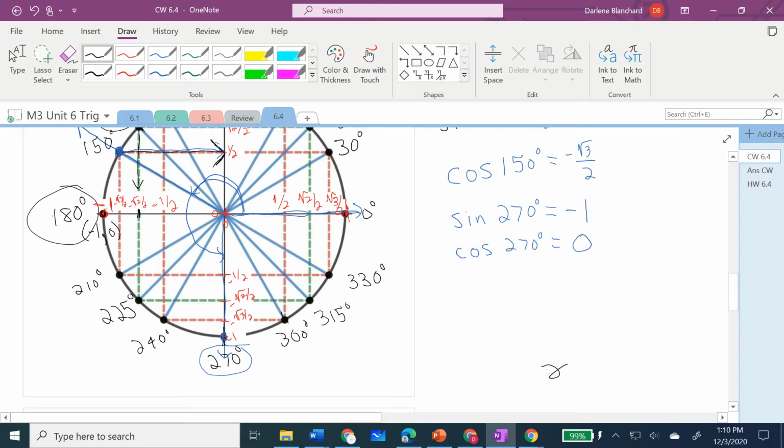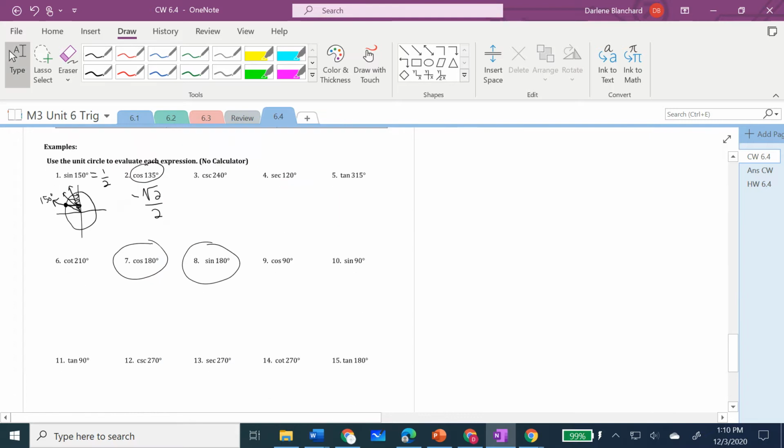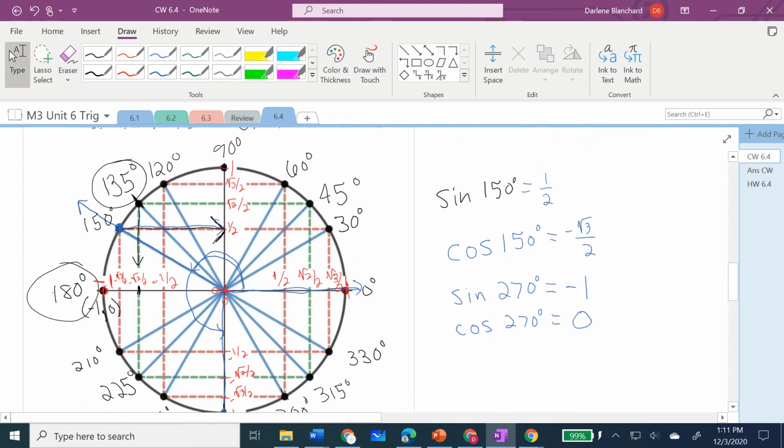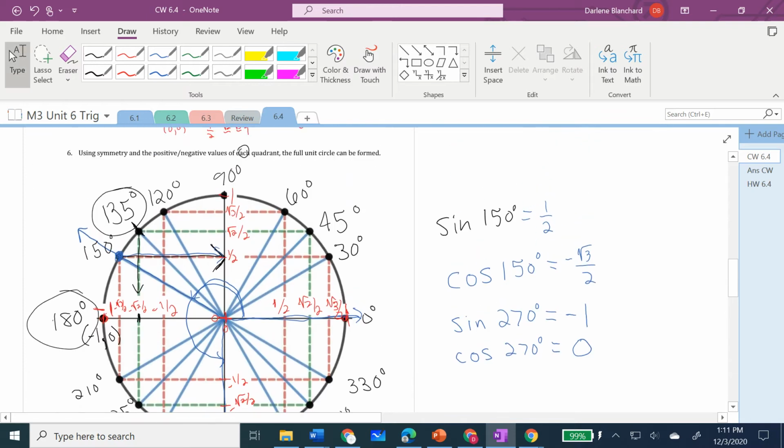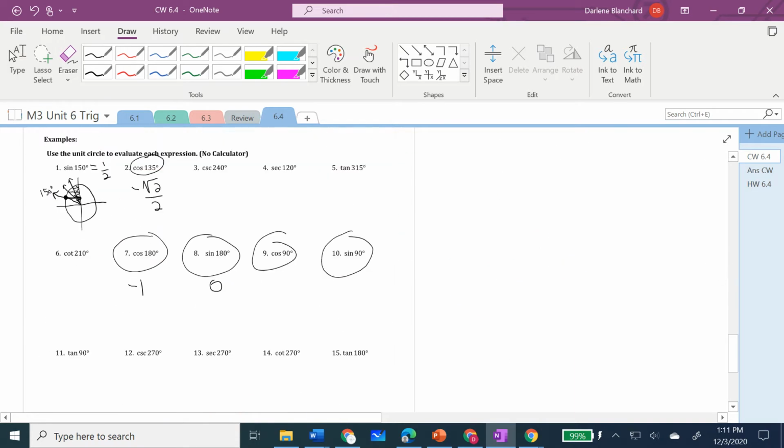The y-coordinate is 0. That means the cosine is -1 and the sine is 0. Then what about 90 degrees? What are the cosine and sine values of 90 degrees? This has x-coordinate 0, y-coordinate 1. Good. So the cosine is 0 and the sine is 1.